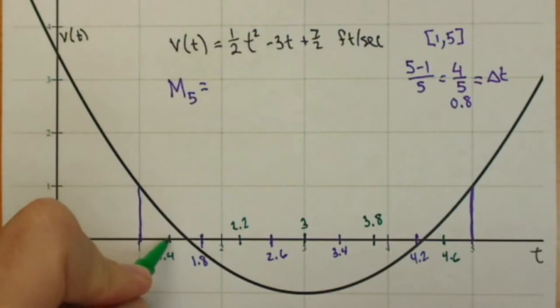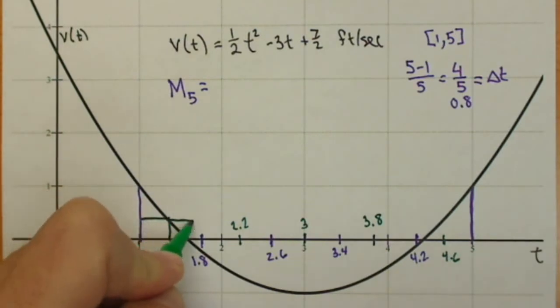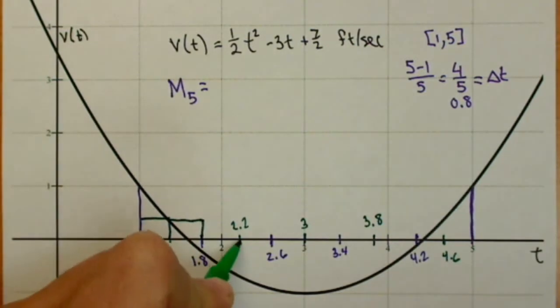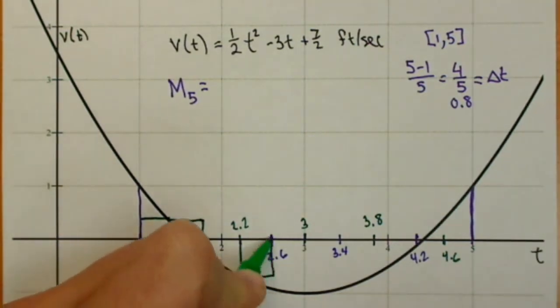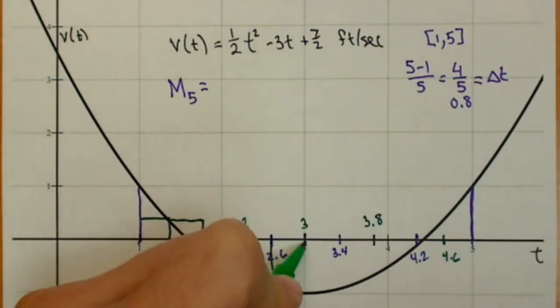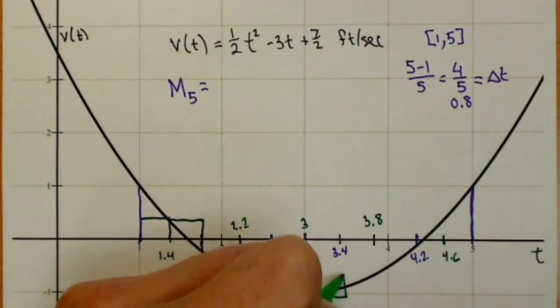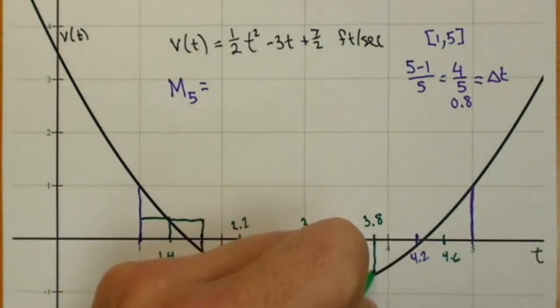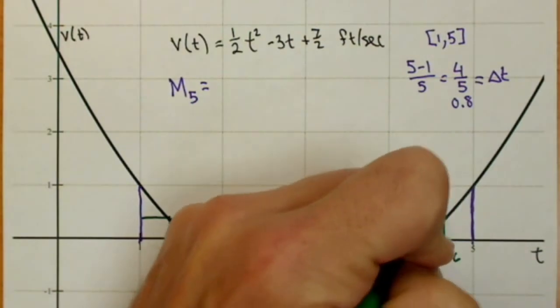So now we can draw in our rectangles based on our midpoint rule. We'll have a rectangle here. We'll have a rectangle underneath. We'll have a rectangle made from the 3 here. We'll have another rectangle underneath. And then this one will be made above.